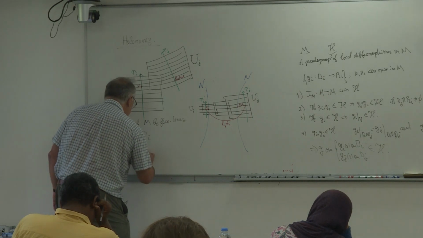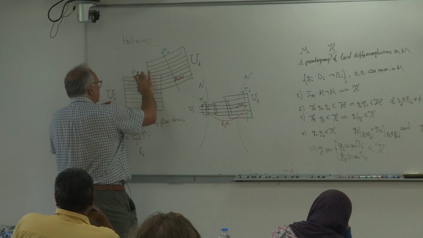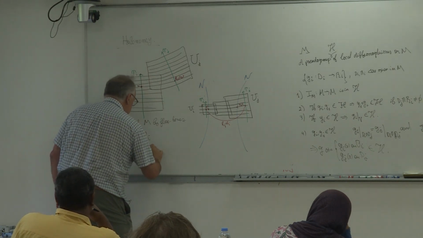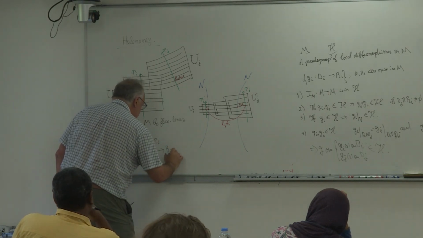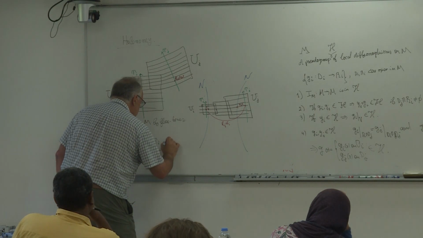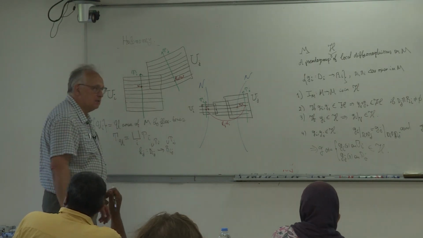So hij will be a mapping from a certain part Dij of Ti to some part Rij of Tj, a diffeomorphism.